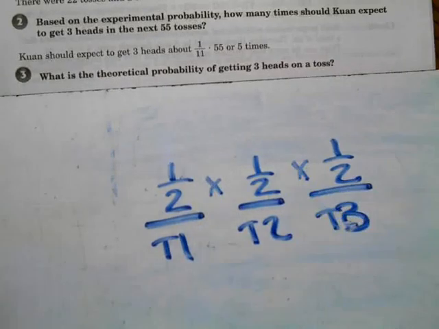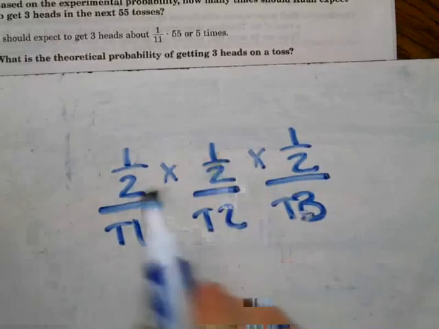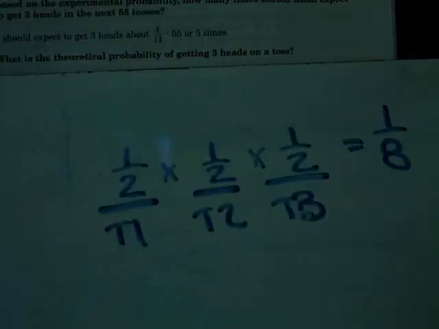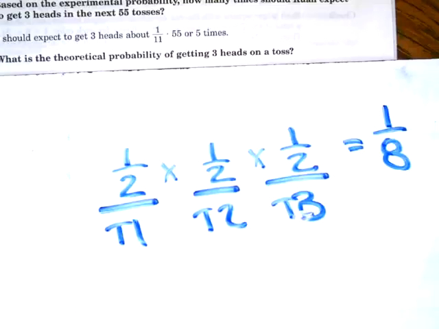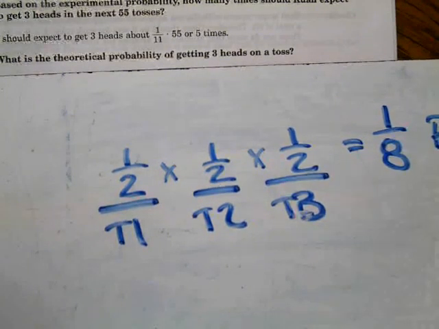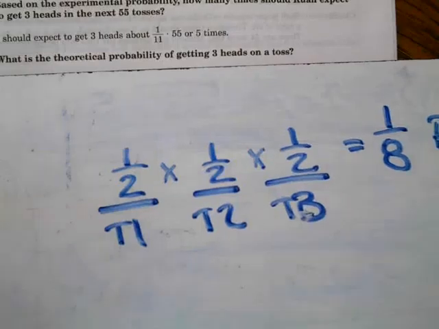And we multiply those together. So 2 times 2 is 4, times 2 is 8. So the probability of getting 3 heads on a toss is 1/8. That's the theoretical.